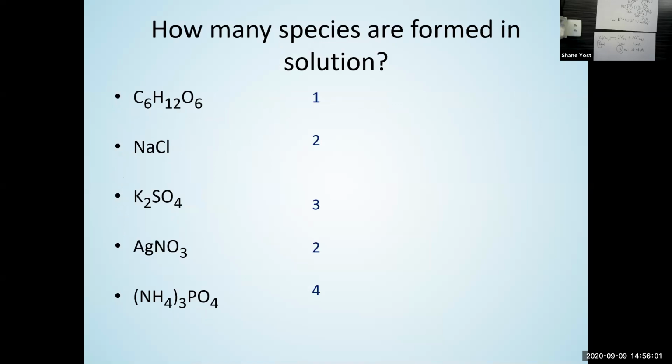For the purposes of this class, the Van't Hoff factor is how many species this thing forms when it dissolves in solution. This slide is asking not just how many species are formed, but what is the Van't Hoff factor of these compounds. So when you think Van't Hoff factor, think how many species this thing forms in solution.